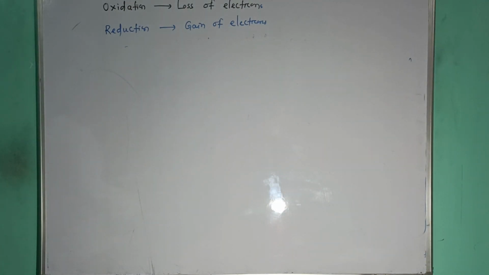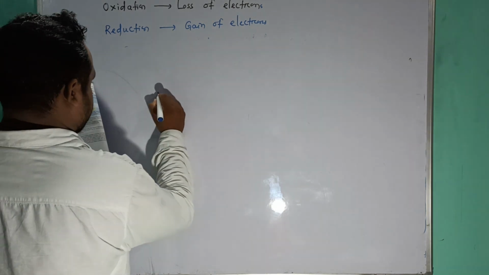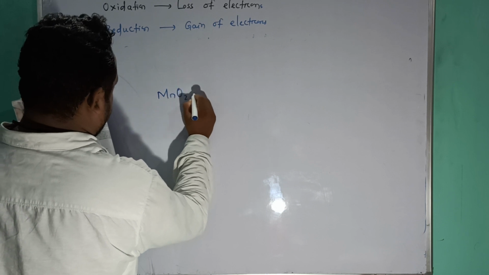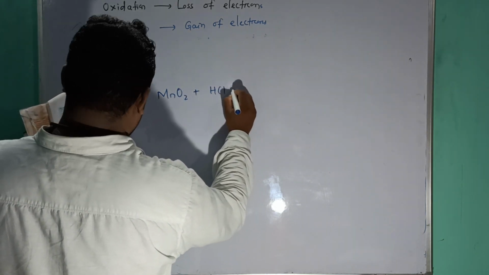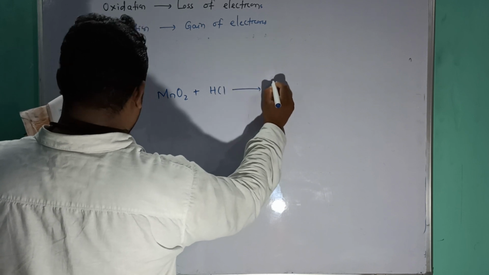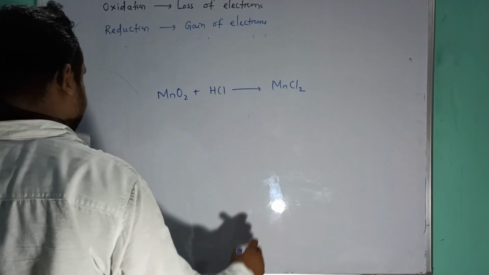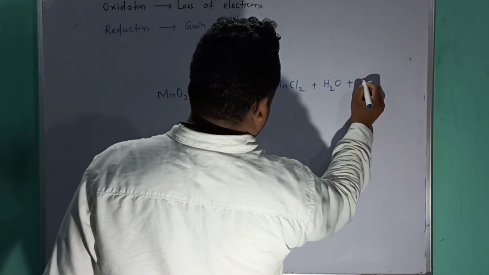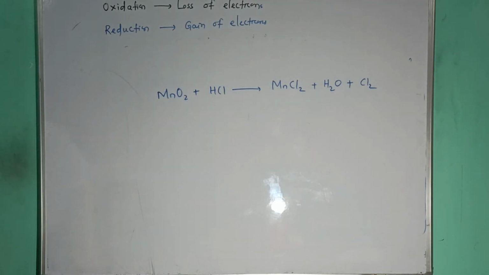The question was MnO2 plus HCl, I'm not using the balanced equation, gives MnCl2 plus H2O plus Cl2.